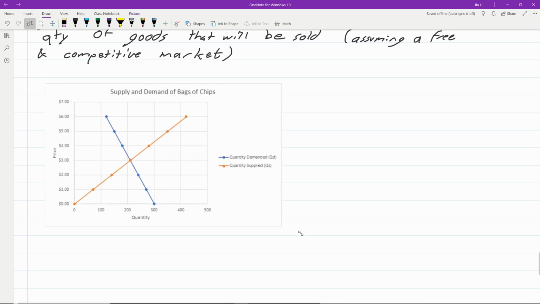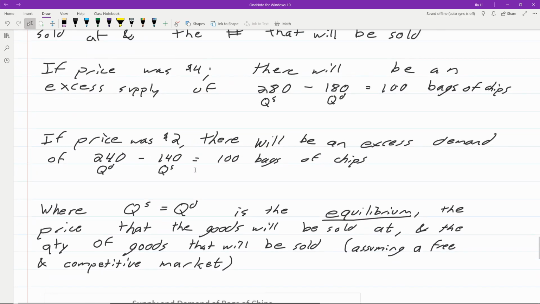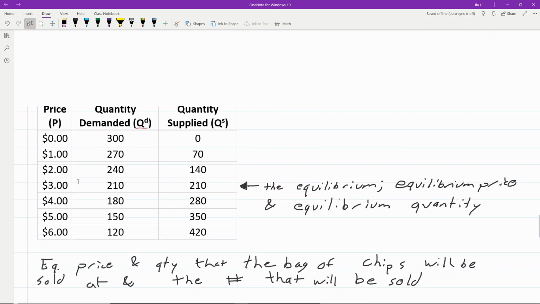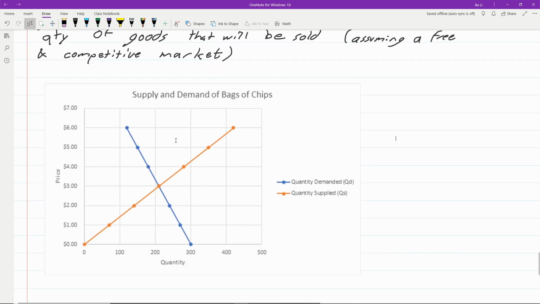This is the same graph that we did before, but made to look a little neater because I made this in Excel. It uses the same data from before, the prices and quantities found in this table here. That's how I plotted this out.